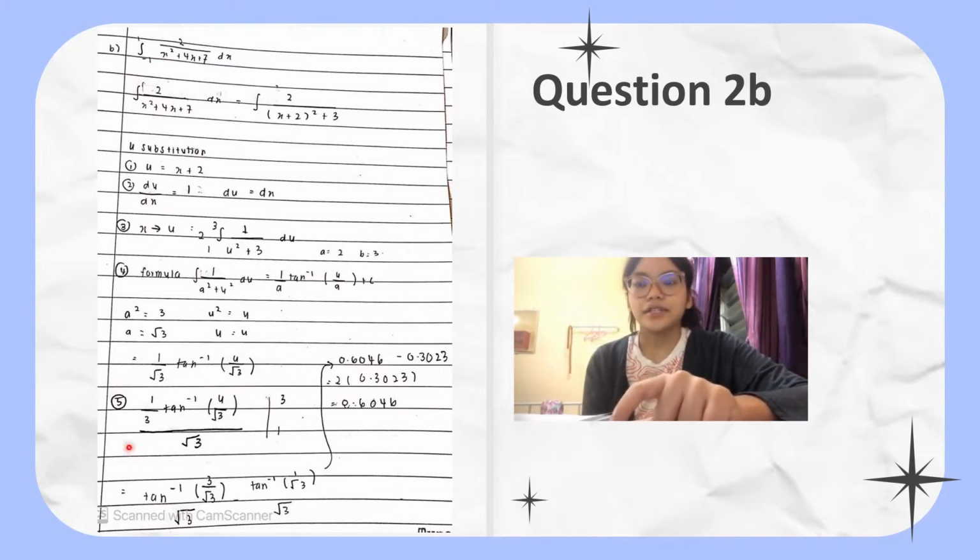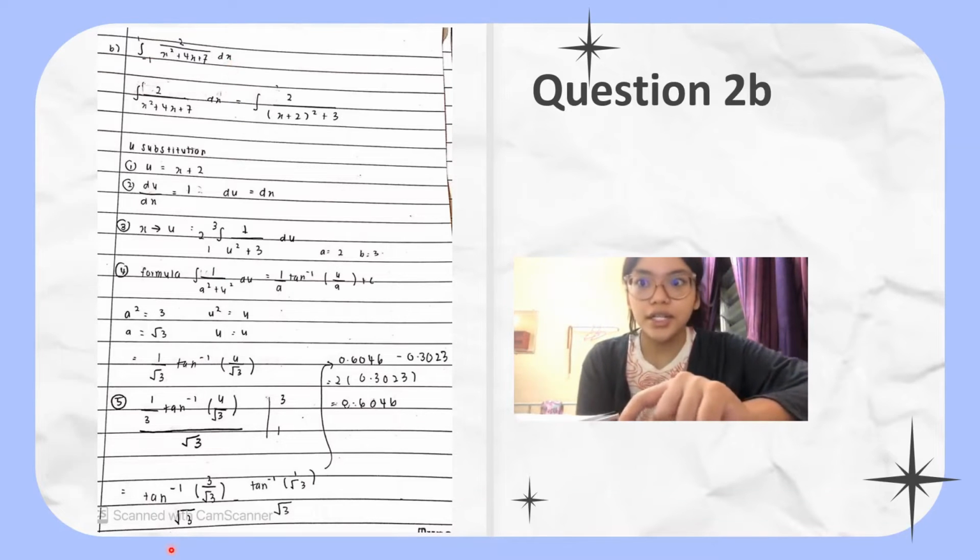And for the fifth step, we're just going to find the value from the limits that we already got in the first question, in the beginning of the question, which is 1 over root 3 tangent inverse u over root 3.